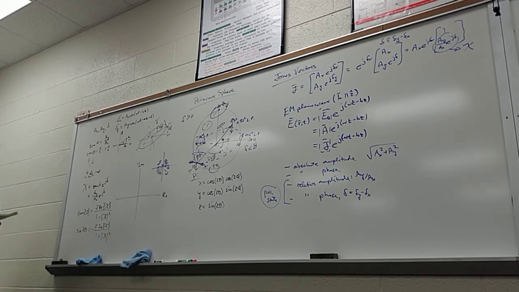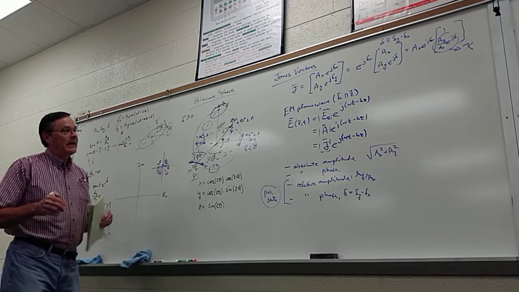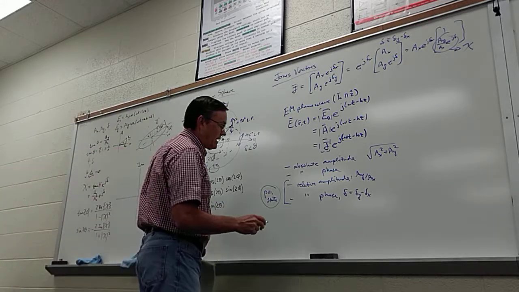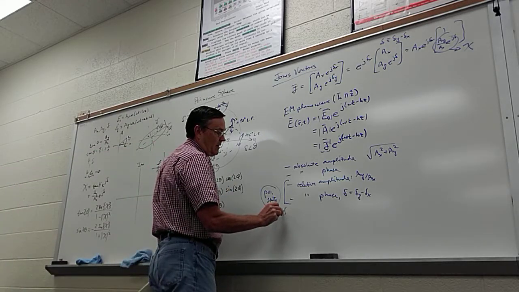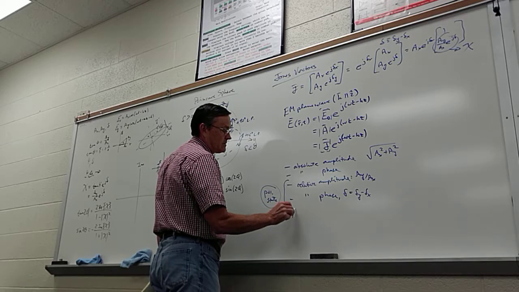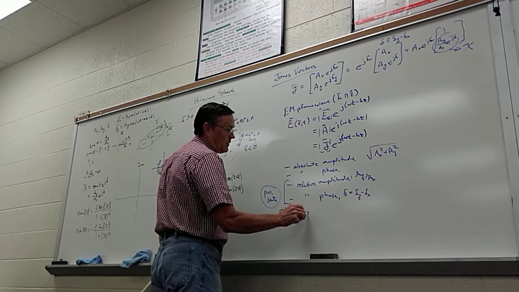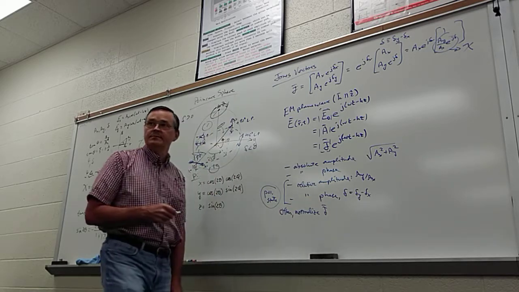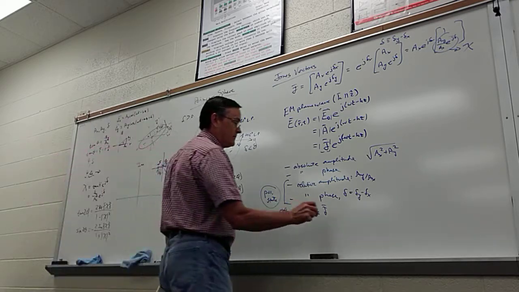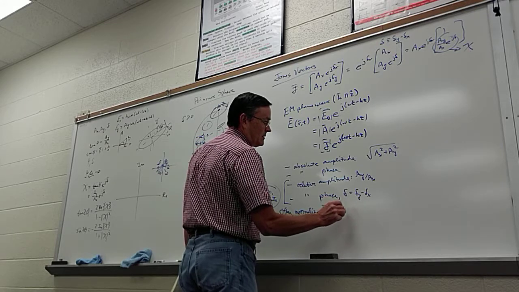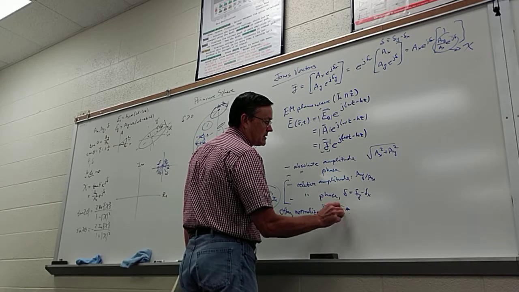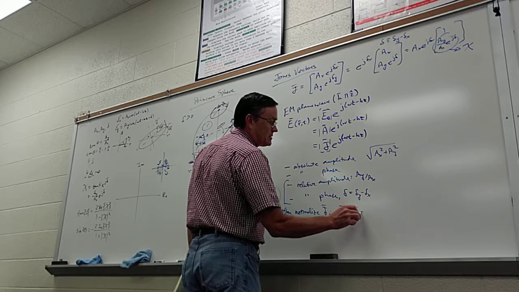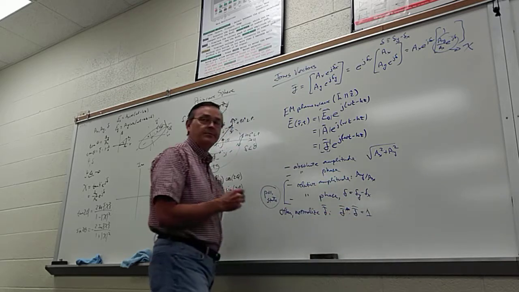Okay, so at this point, we can say that often, but not always, we'll normalize the Jones vector such that the Jones vector complex conjugate dotted into the Jones vector is 1.